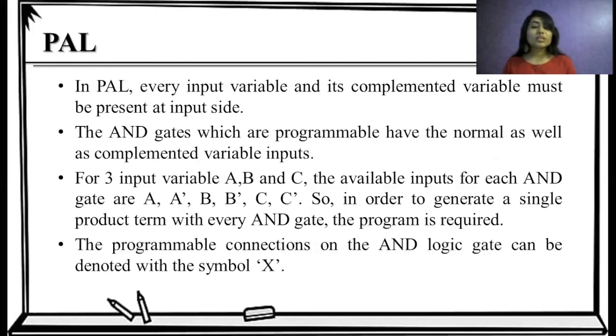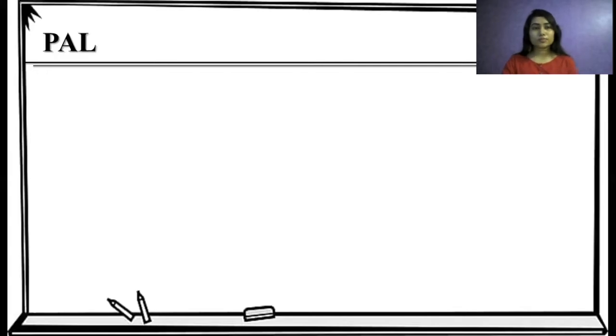The programmable connections on the AND logic gates can be denoted with the cross symbol. So we use this cross symbol to identify that we make a connection, and the others are left unconnected as we are not using those inputs.